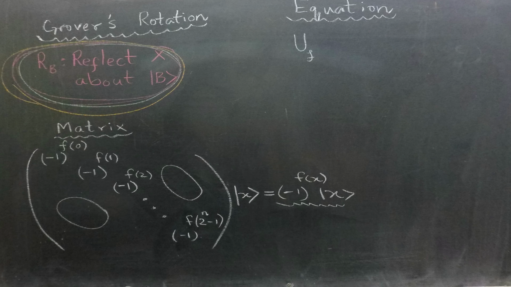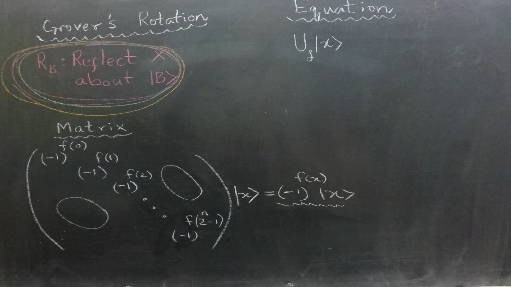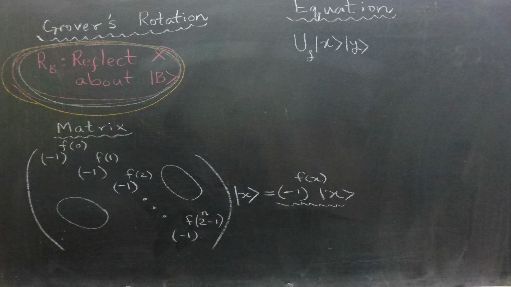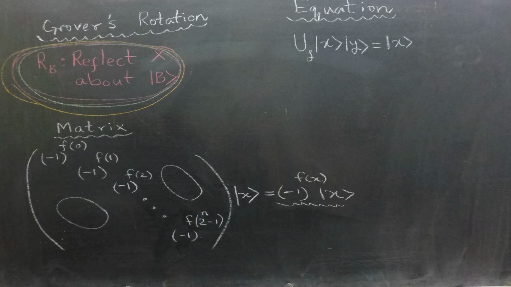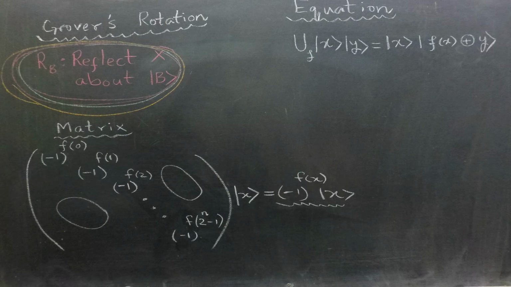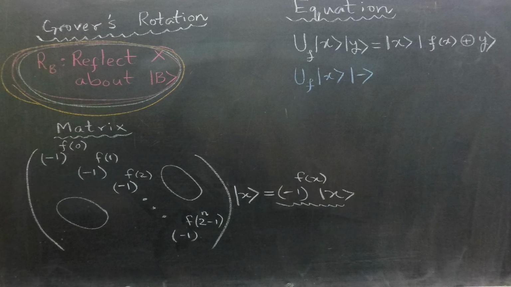In Simon's algorithm, we utilized a unitary function UF that takes ket x and ket y as inputs. The result of this unitary operator is ket x times ket of f of x exclusive OR with ket y. This unitary operator can simulate the effect of our matrix if we give input of ket x and ket minus to this unitary operator.